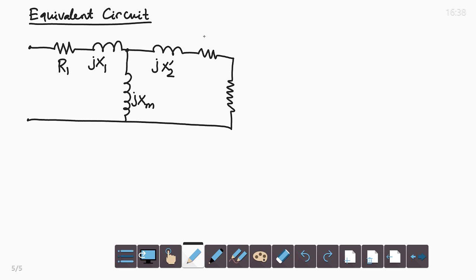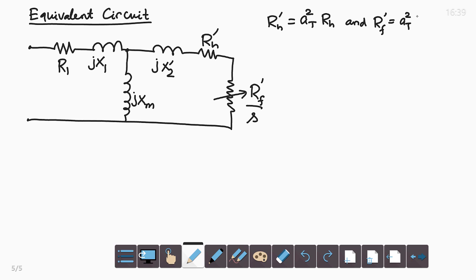This is R h dash and this is R f dash by S. R h dash equals A t square into R h and R f dash equals A t square into R f.